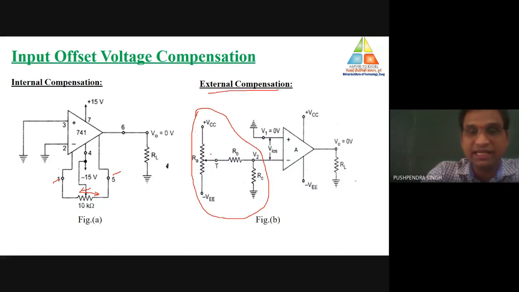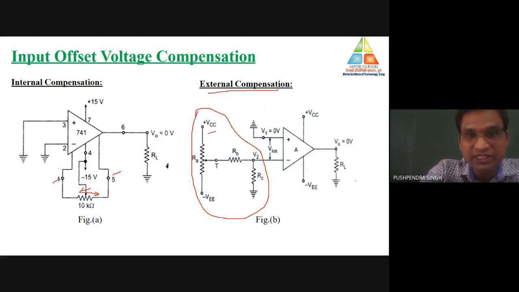Here RA is a potentiometer. Similar to that, one point of this potentiometer is connected to positive VCC and the other point is connected to negative supply voltage. At the start, this wiper is at null condition, or at zero potential. At the center, what is the value of voltage?